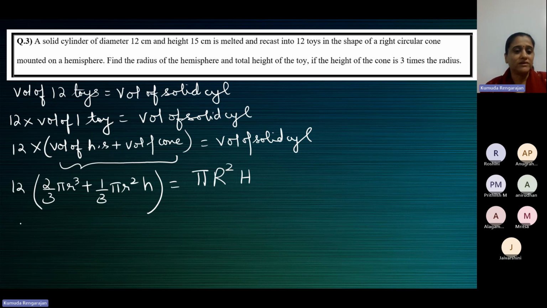Common. See, 12 into what's common? 1 by 3 into pi r square.